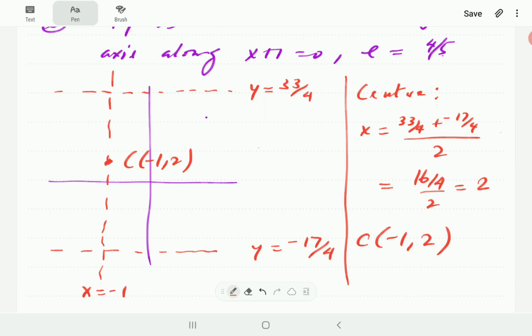Then the other thing is the distance between the directrices.